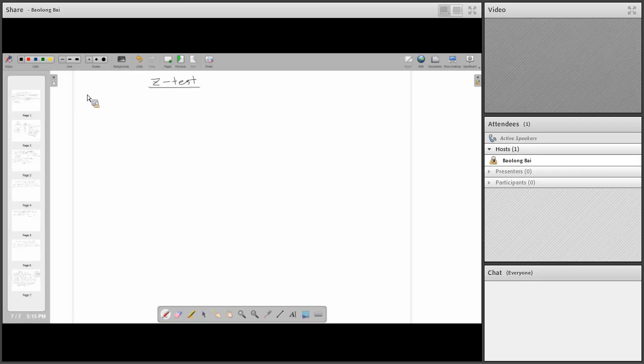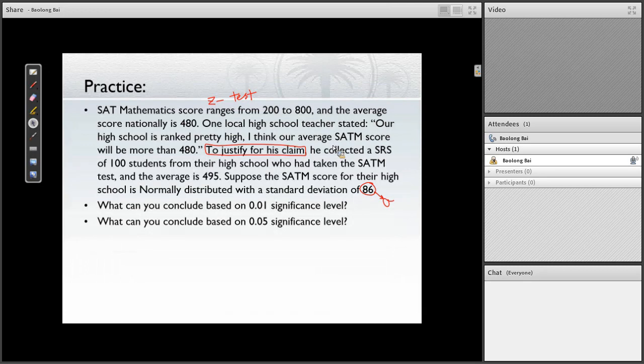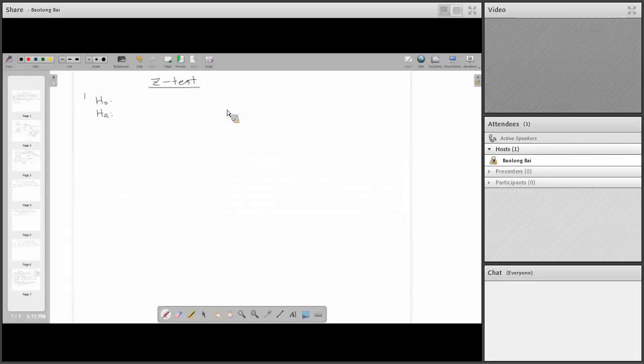Then we need to follow the 5-step process. First step, stating hypothesis. Now what's the claim? The claim will be our hypothesis, right? The claim is the average SAT math score for his high school will be more than 480, right?